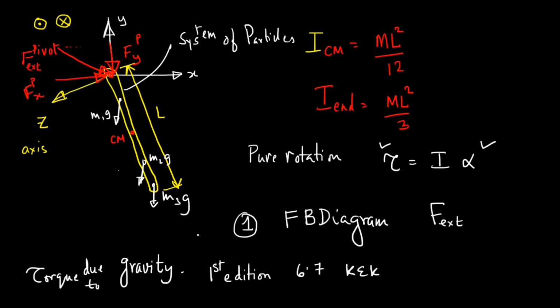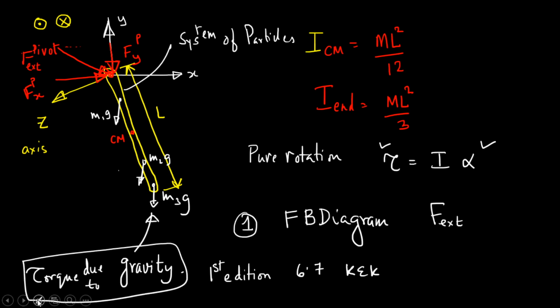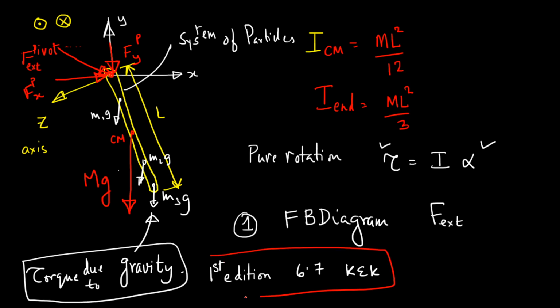Now the torque due to gravity from all these forces is the same as one single force acting at the center of mass. So how much force? The total mass times g. Now this is a result that can be easily proved. Like I said, you will find a very nice and simple algebraic proof in the first edition, example 6.7 of KNK. Now let's take that for granted.